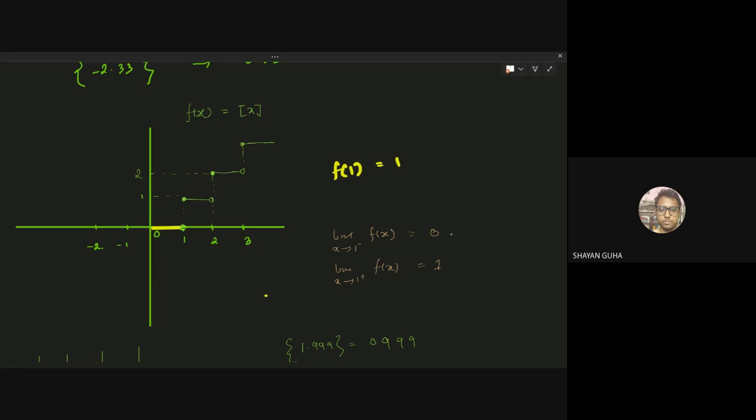So we can clearly see that at these integer points my function is not continuous. Please tell me if you got this point or not. It's important for this problem that the function has discontinuity at integer points only. You can take any integer, 0, 1, 2, any integer. You can check the limiting definition. You will find that both limits exist, but both limits are not equal. Since both limits are not equal, there is no question of continuity.